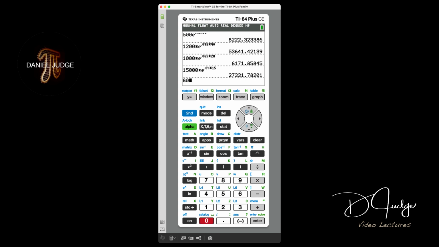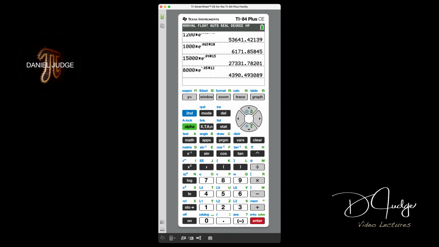And we put 8,000. That's the start. Times that e. Now, negative sign is down here. Negative. Don't put subtraction. You'll get an error. 0.05 times the time value. And this is going to give us the new population 12 hours later.